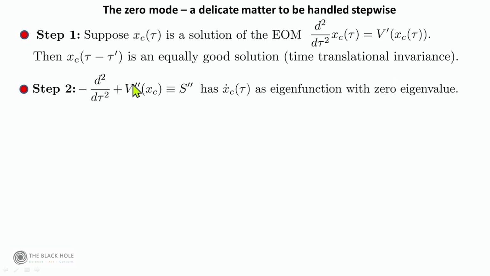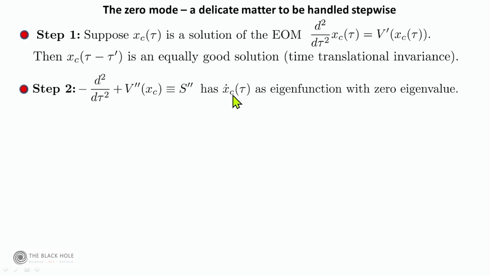Now, this operator, I claim, has an eigenfunction with 0 eigenvalue, and I claim that that eigenfunction is this, which means that if I operate this thing on xc dot, then I should get 0.